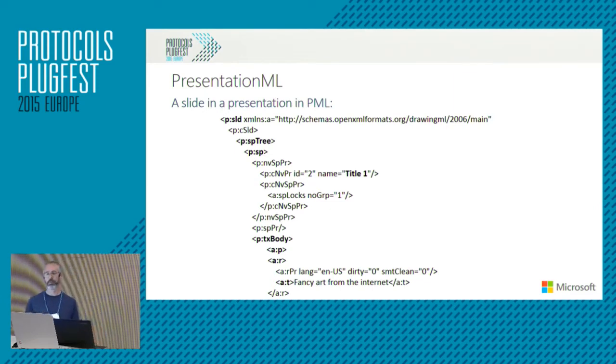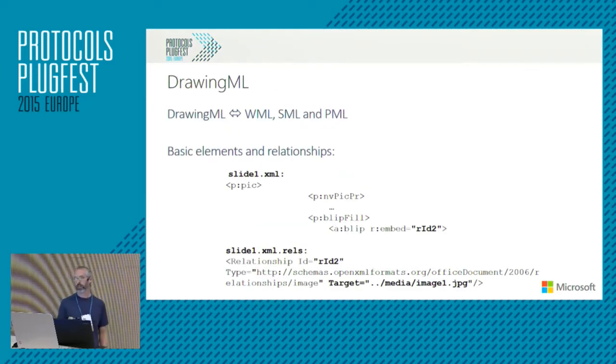And the drawing namespace has paragraphs and runs and things like that too. And then the drawing ML, there's a complete markup for the drawing ML used by all the other markup languages. Usually you'll see things like pictures and shapes and things.